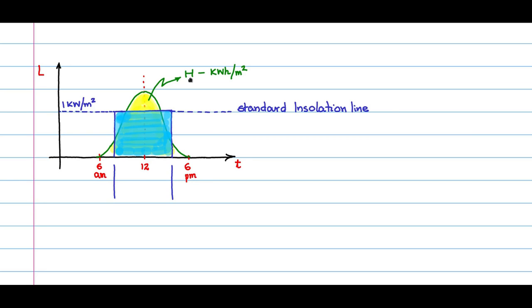So this width of the rectangle is, let us say, H hours. Then what is the area of this rectangle? This is 1 kilowatt per meter square height into H hours. So this will give you H kilowatt hours per meter square per day.